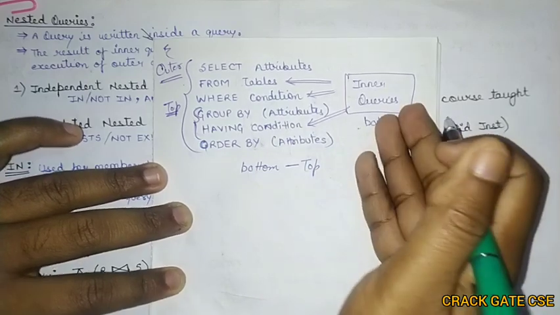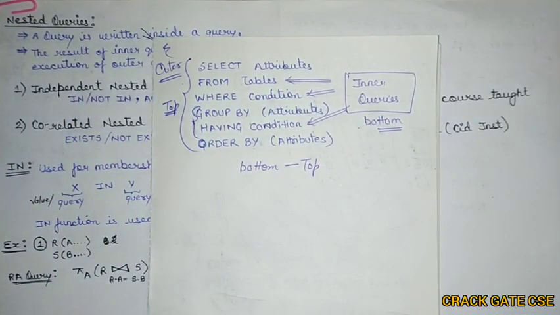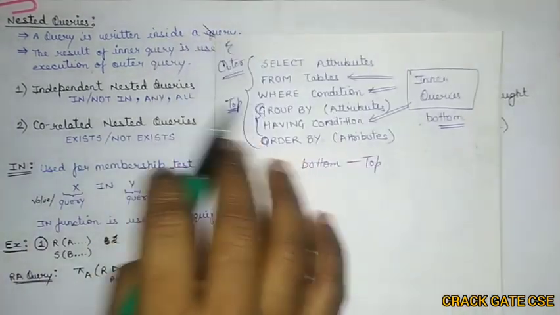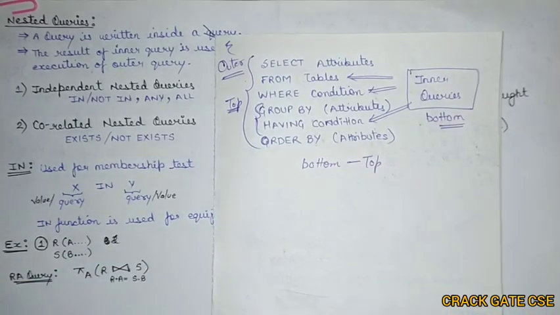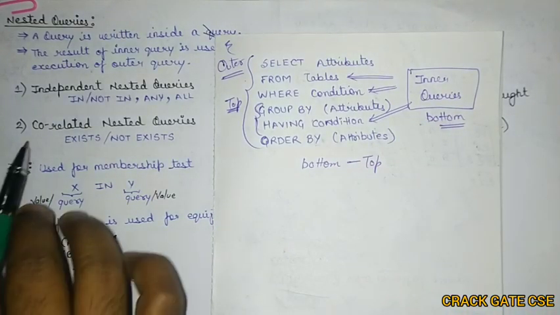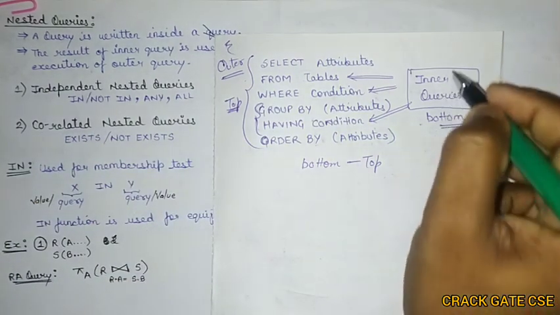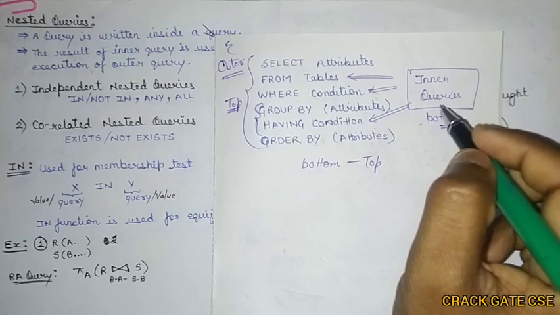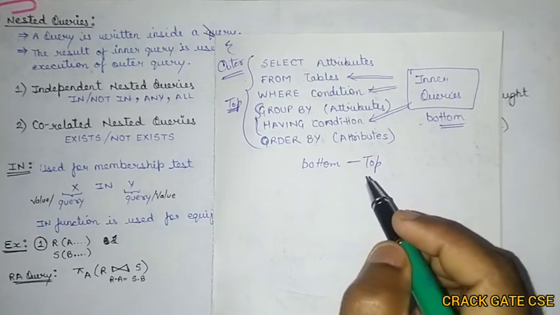That means the inner queries need to be executed first, then the outer query. And here in the independent nested queries, these inner queries will be executed only once and the result will be used, while in the correlated nested queries we have to execute the inner query for each respective value of outer query. We will see that in another video.